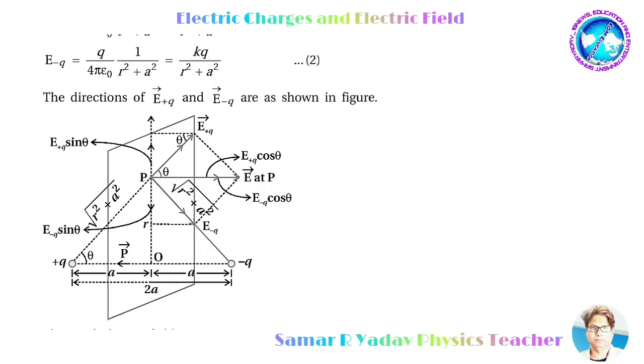Now here, due to plus q charge, the field is vector E plus q, and the field due to minus q charge is vector E minus q.